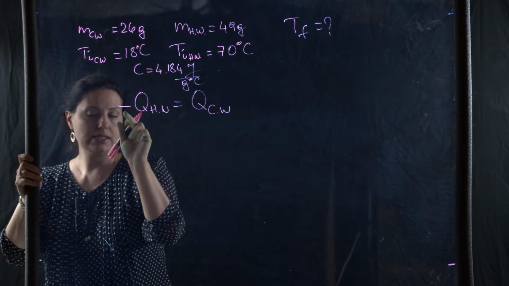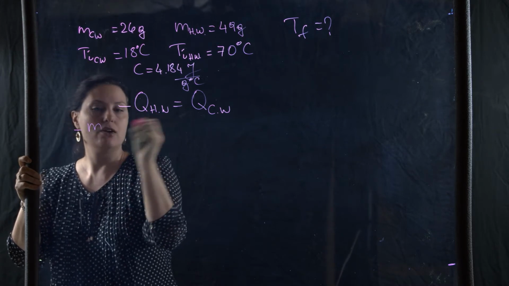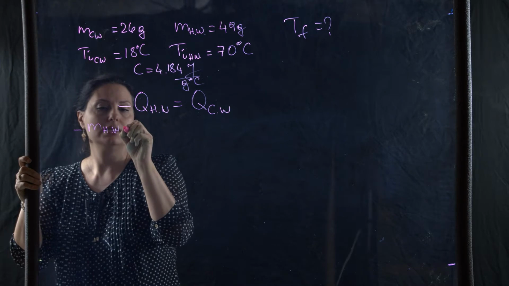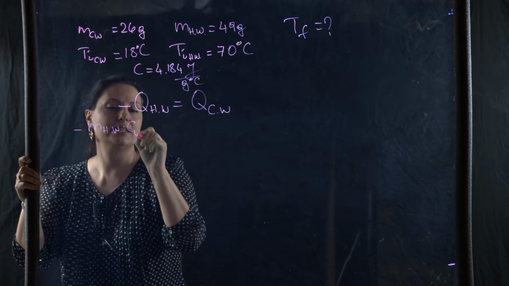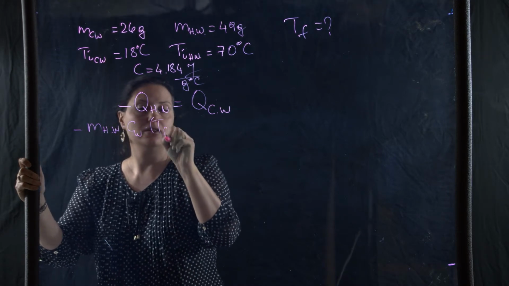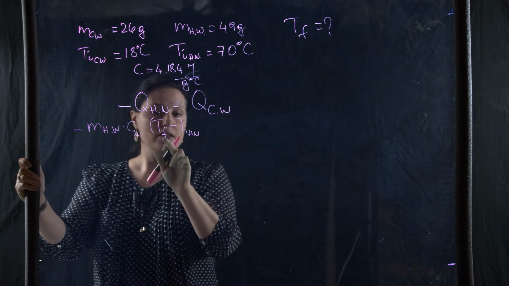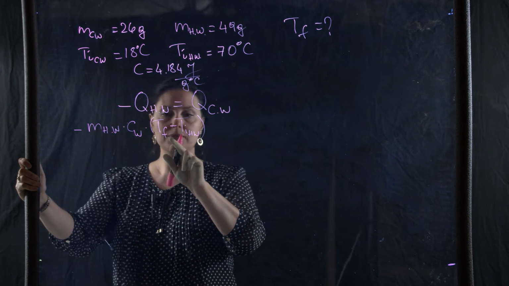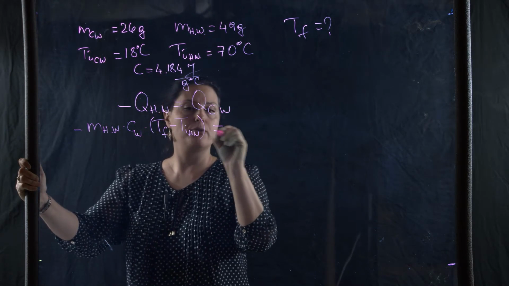Do not lose the sign. Minus mass of hot water times C for water, it doesn't matter if it's hot or cold, times T final minus T initial for hot water. Notice that I don't put the subscript for the final because the final temperatures are the same for both.